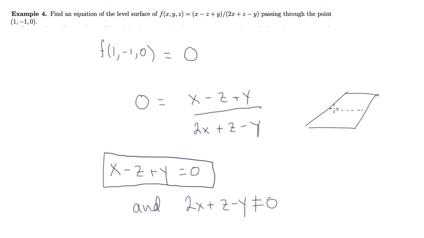And what is that line going to be? It's going to be exactly the line given by the intersection of these two planes. So here's this plane that we're removing. Here's this plane that we want. So we're removing this line of intersection from this plane, and that's the level surface.